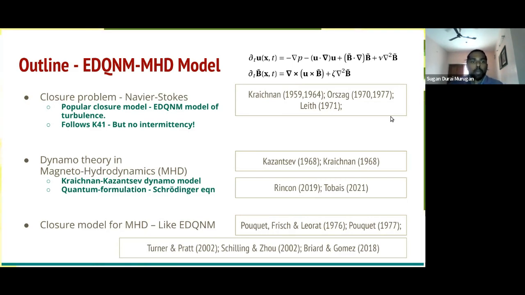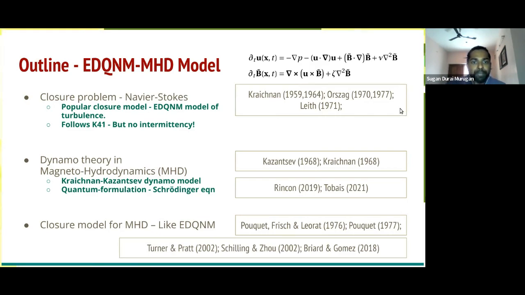It is one of the popular closure models that people use to investigate various effects of turbulence. But unfortunately, it follows only K41 phenomenology. It does not provide any intermittency effects, the so-called corrections to the K41 theory. This was formulated in the late 70s by Kraichnan, Orszag, and Leith.